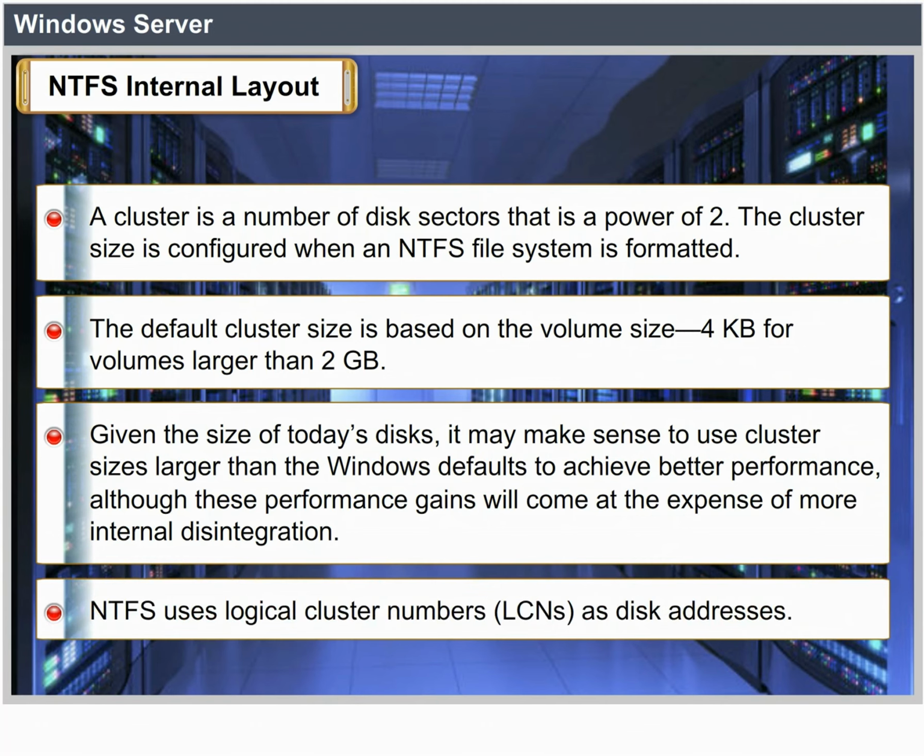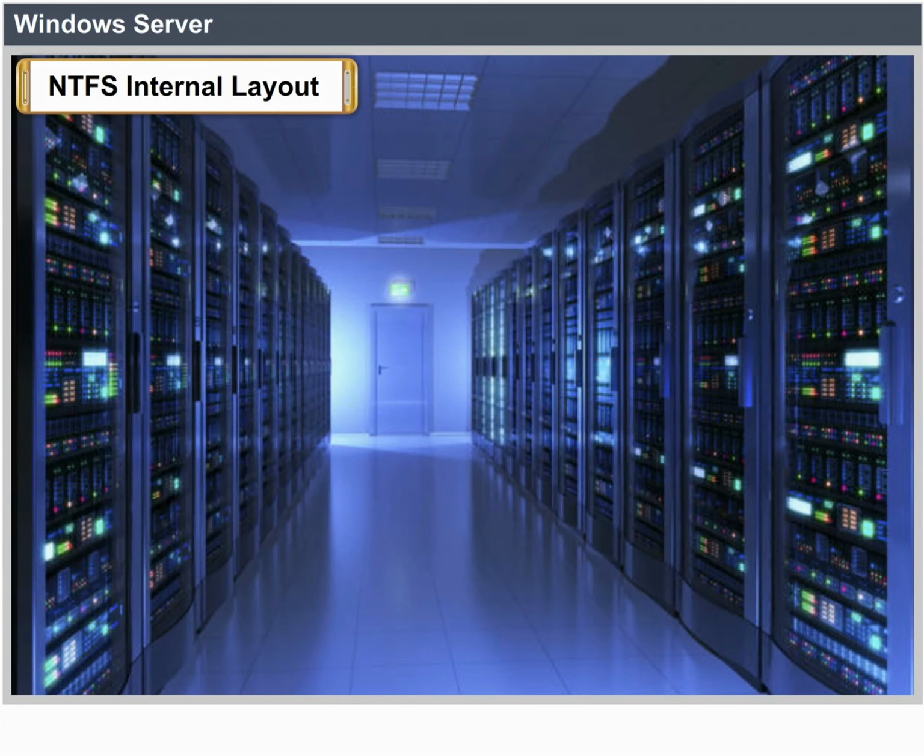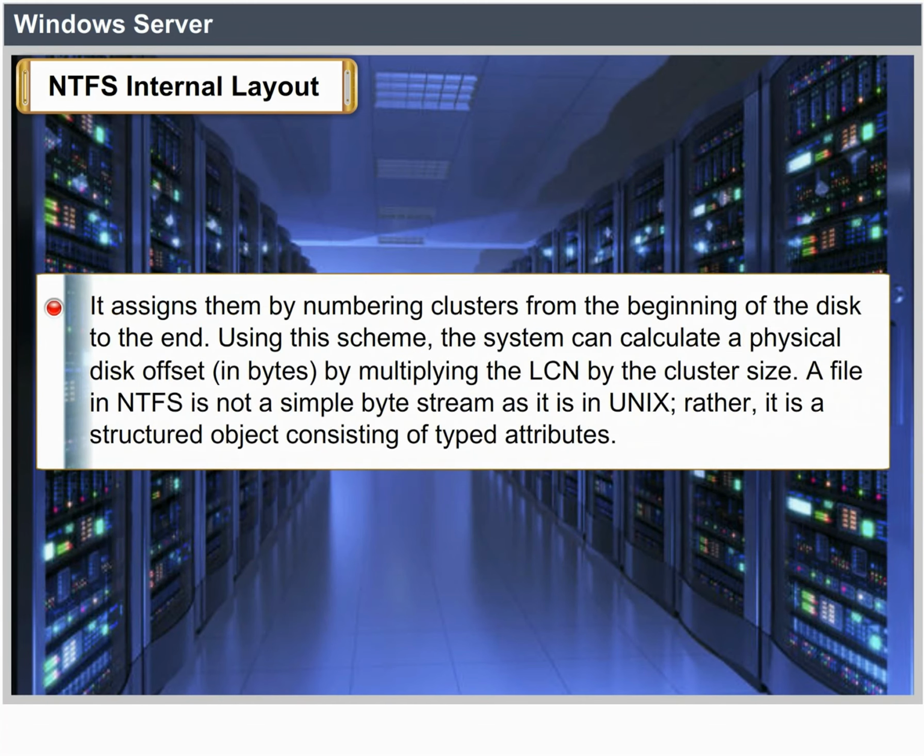NTFS uses logical cluster numbers, LCNs, as disk addresses. It assigns them by numbering clusters from the beginning of the disk to the end. Using this scheme, the system can calculate a physical disk offset in bytes by multiplying the LCN by the cluster size.